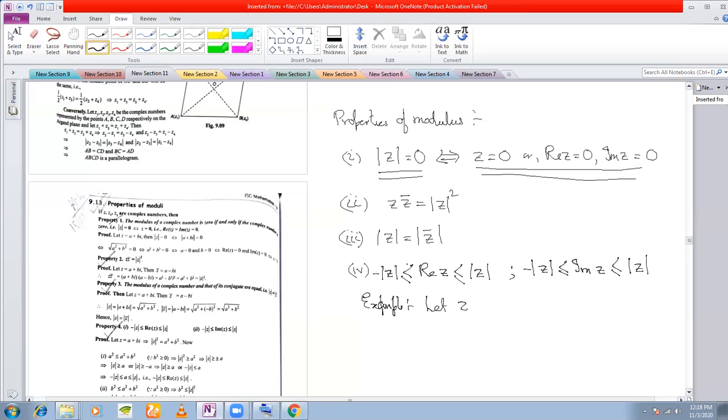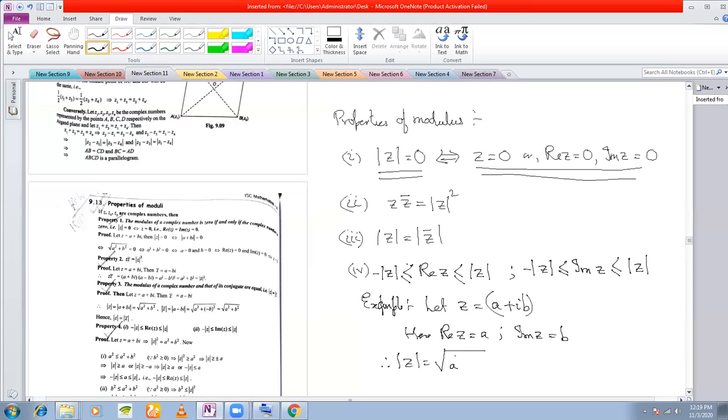Let us say z is equal to a plus ib. So here, what is the real part? And what is the imaginary part? And what is the modulus of z?